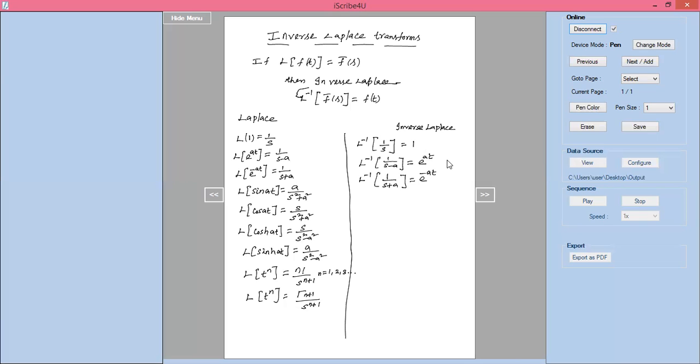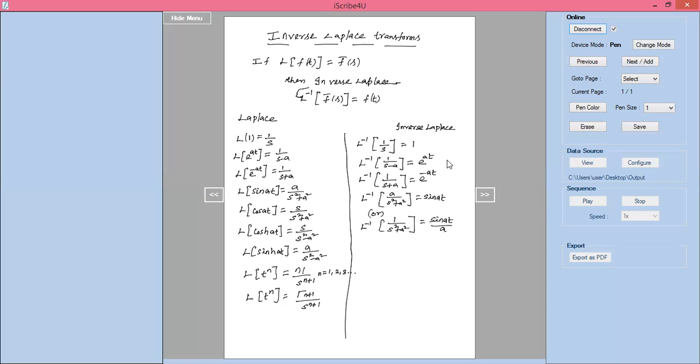Next, L inverse of a divided by s square plus a square is sin at. Sometimes they will not give it in this form, so I will write this formula: L inverse of 1 divided by s square plus a square is sin at divided by a.